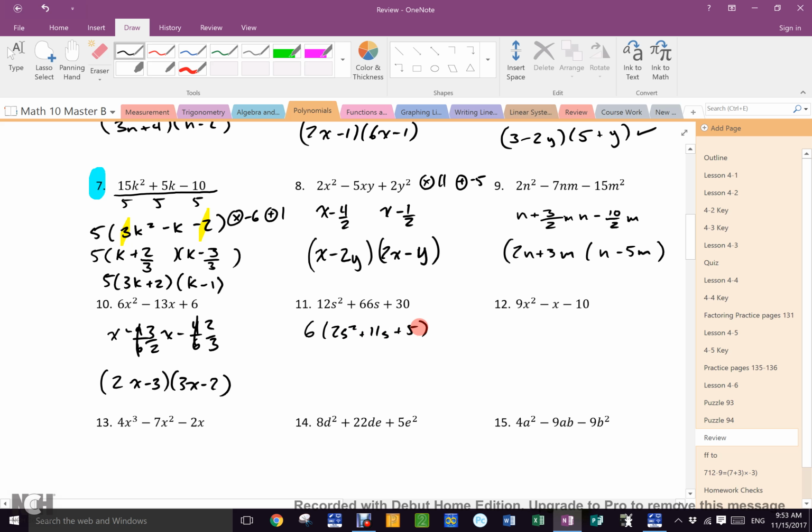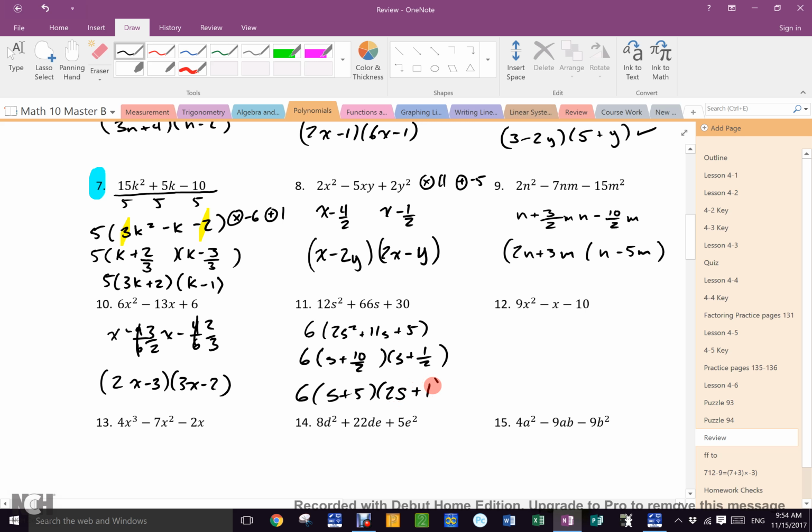Now, I need factors of 10 that add to 11. Oh, 10 and 1, right? 6, s plus 10 over 2, s plus 1 over 2. Simplify 6, s plus 5, 2s plus, oh, I did my s backwards. I made a z.